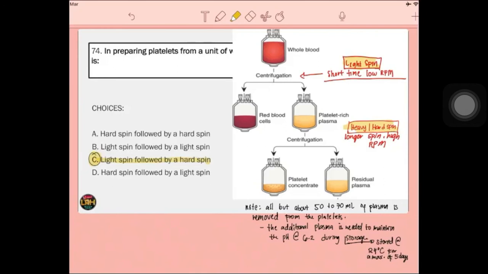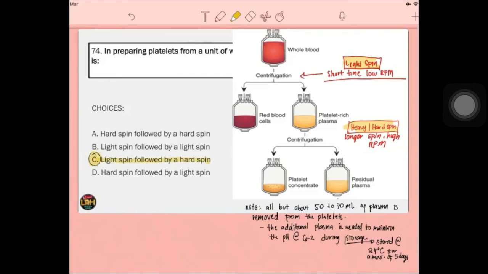After this first centrifugation, our blood unit will be divided into two, red blood cells and platelet-rich plasma. This platelet-rich plasma will be subjected to the second centrifugation, which is a heavy or hard spin.